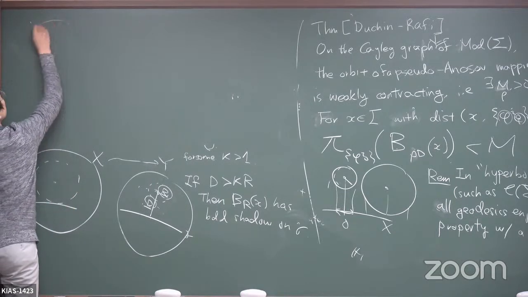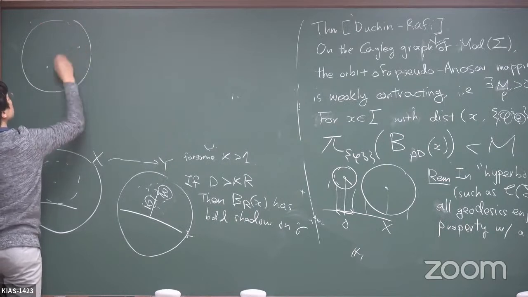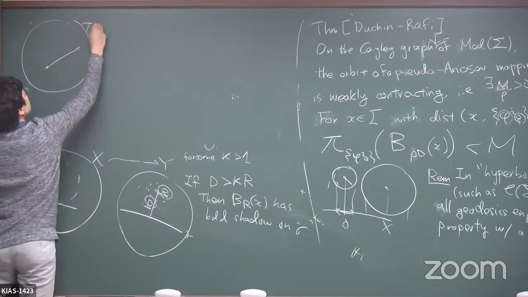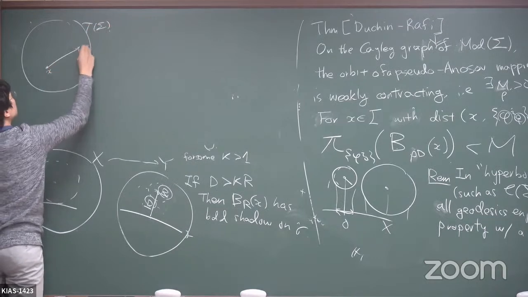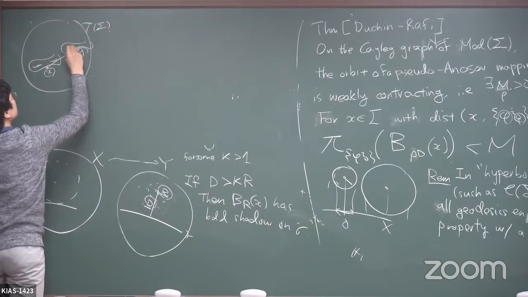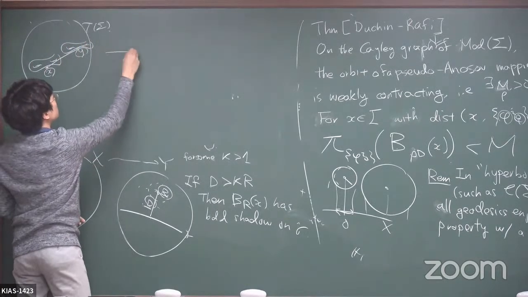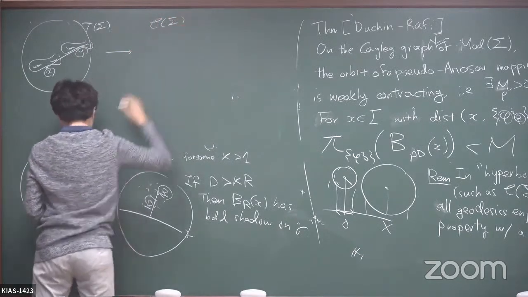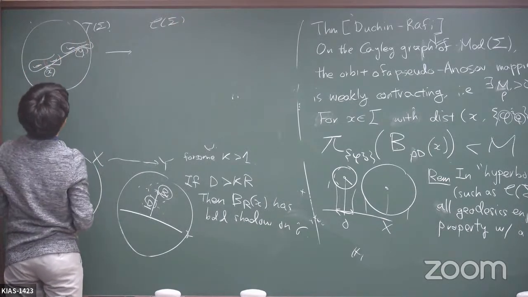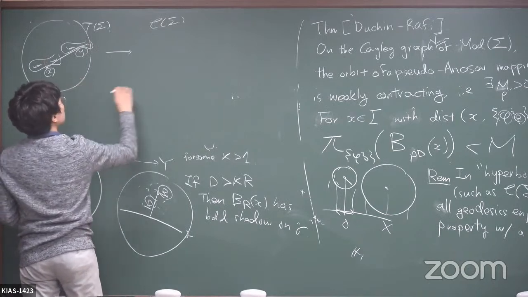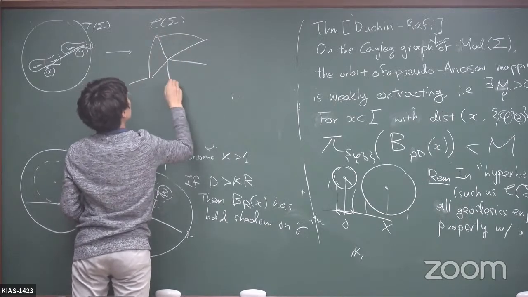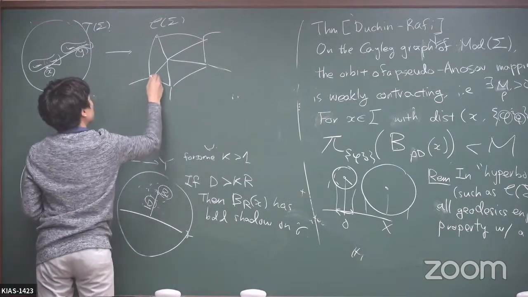For example, if you want to describe the distance between x and y in Teichmüller space, these are marked surfaces, and you project them onto the curve complex by putting the thinnest curve, the shortest curve, then you will have a projection here and here.